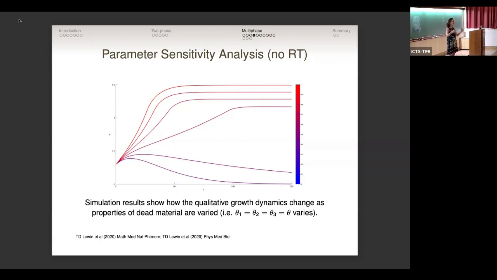Because it's not viscous, it will move and circulate much more readily. And indeed, for this parameter set, if I view the dead material as an isotropic fluid, we get tumour elimination, and for the other values we get persistence. So, quite different qualitative behaviours.